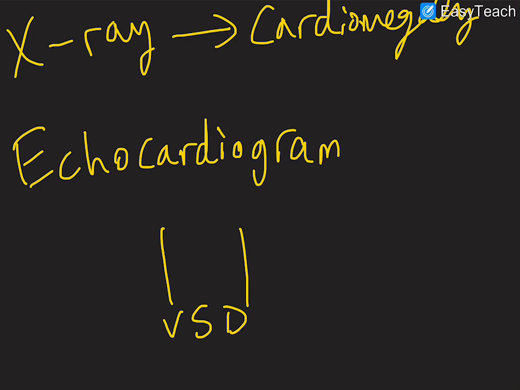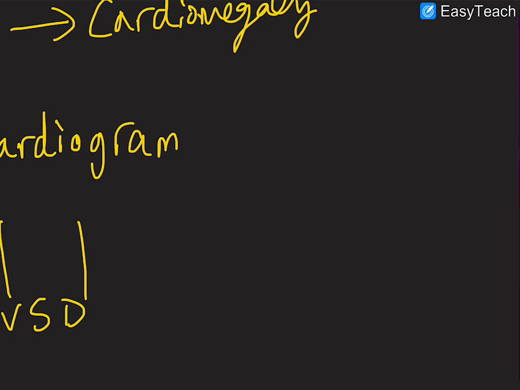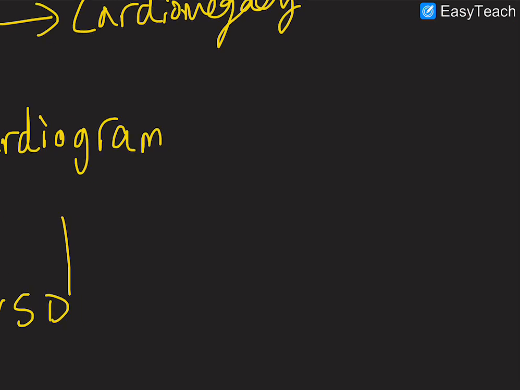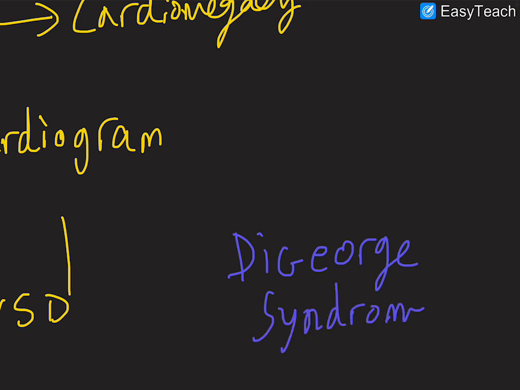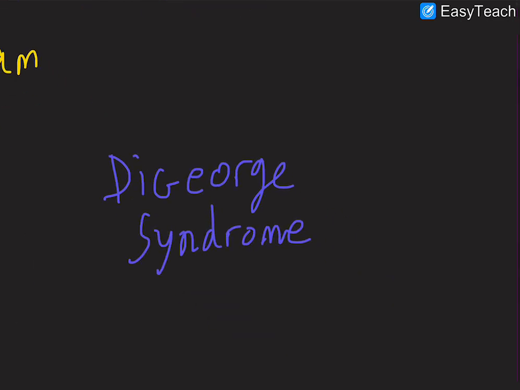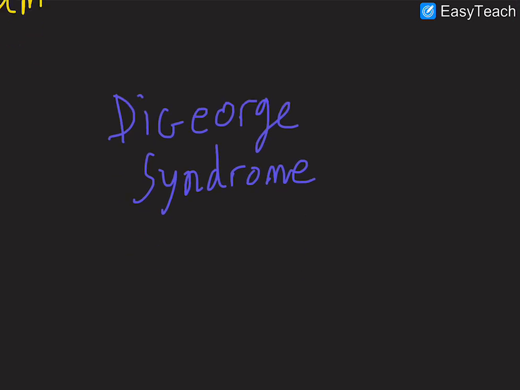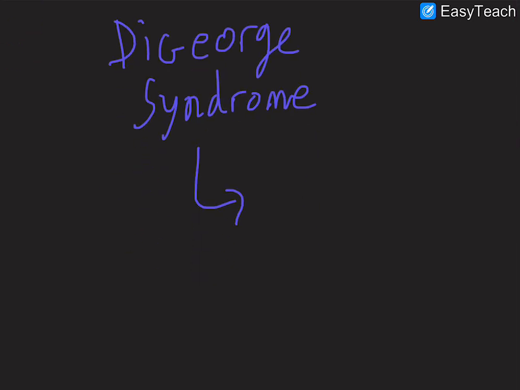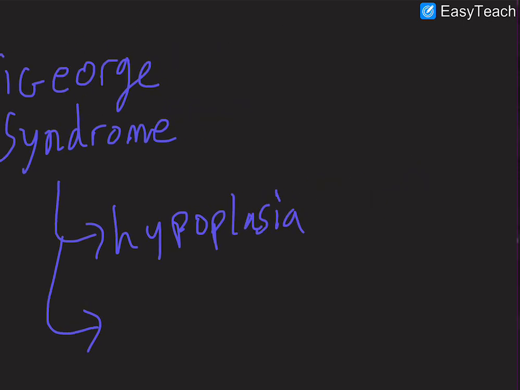One last thing that we should talk about is the fact that this can be associated with another disease that we talked about in a previous video called DiGeorge syndrome. Remember, we said not only can you find heart defects, but you also have hypoplasia of your thymus, so your thymus is smaller than usual.